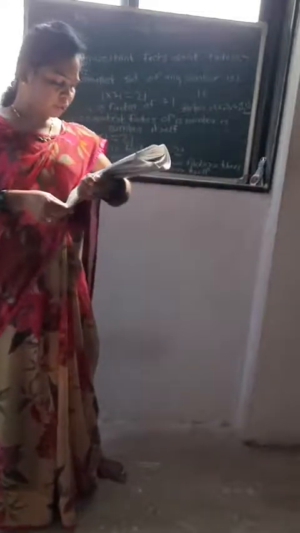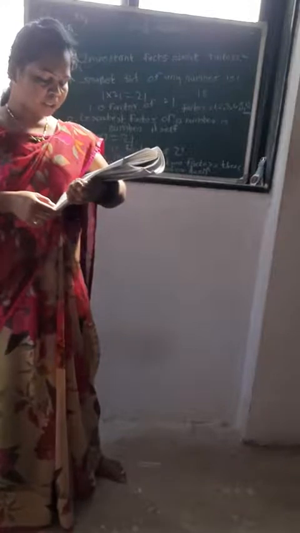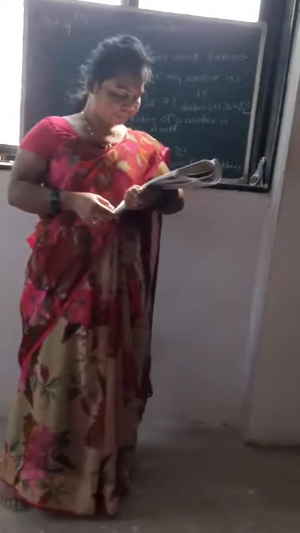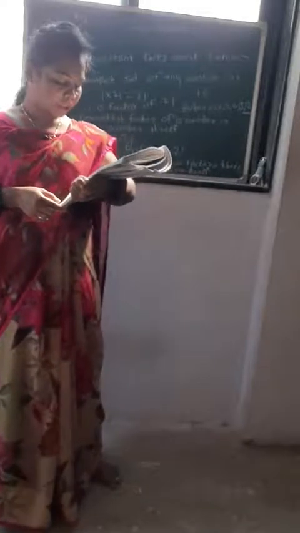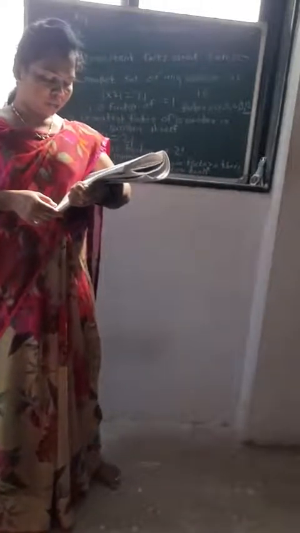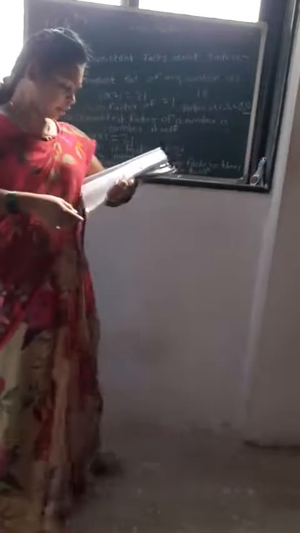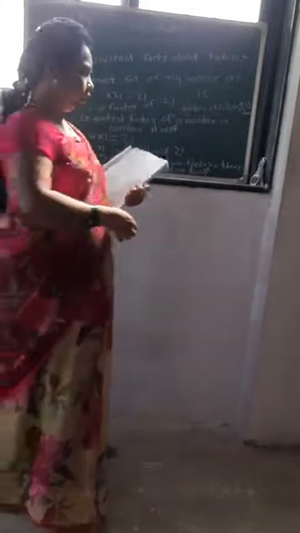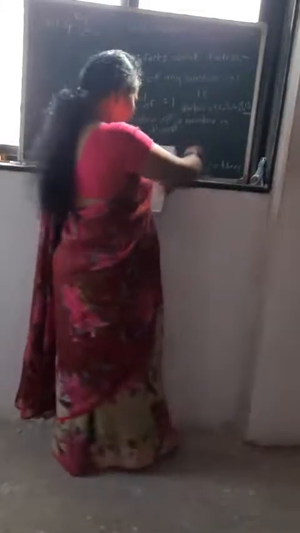Therefore, fourth fact: factors of a non-zero number is equal or less than the number itself. Factors of 18 are 1, 2, 3, 6, 9 and 18. Every factor is less than or equal to the number itself.